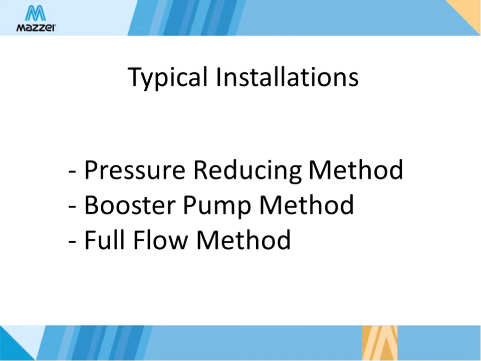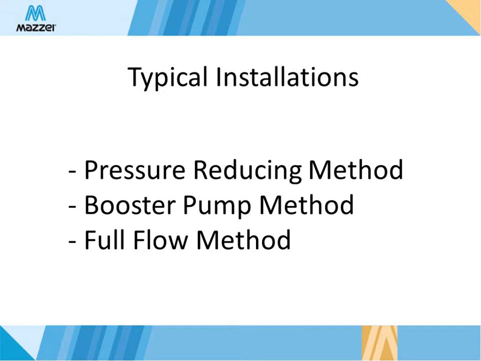This section will talk through some of the typical installations that you see. Each of these typical installations that you see in the world can be distilled down into one of these 3 categories. Either you have the injector on a bypass and you're reducing the pressure. So now the injector sees a pressure reduction due to a pressure reducing valve or device that you have in your system.